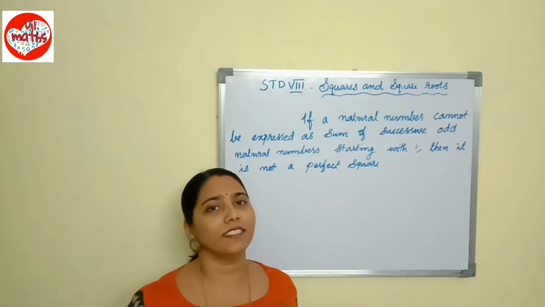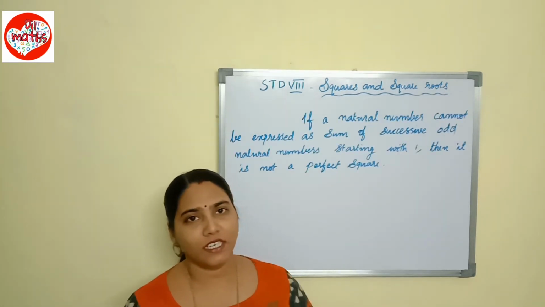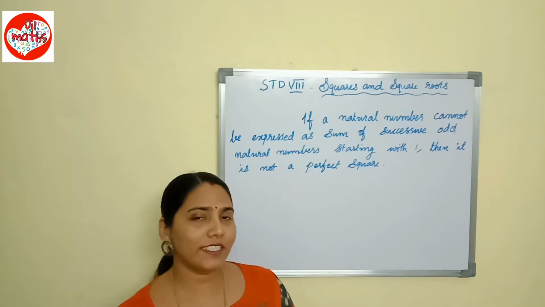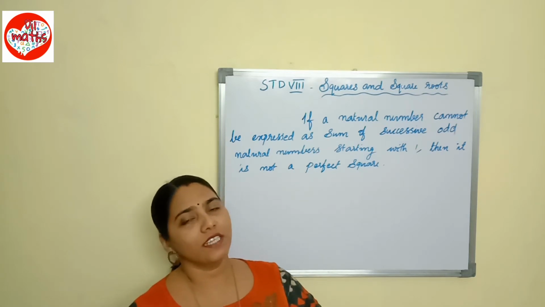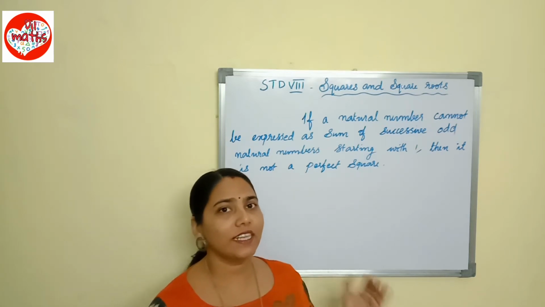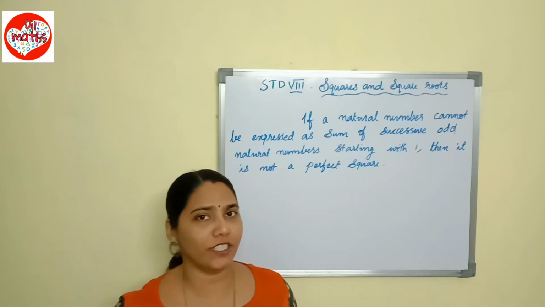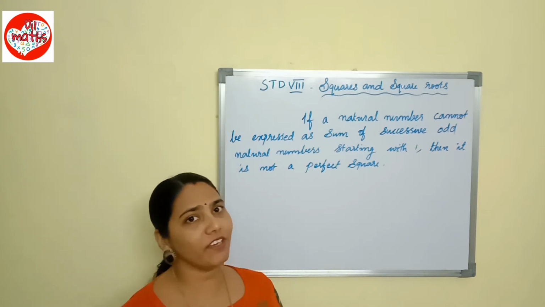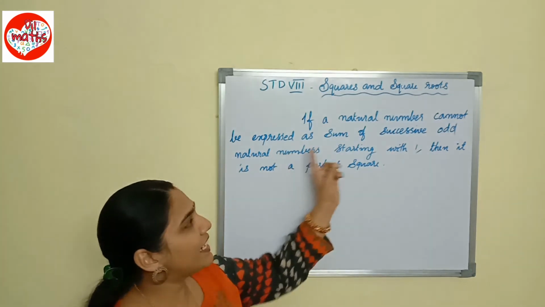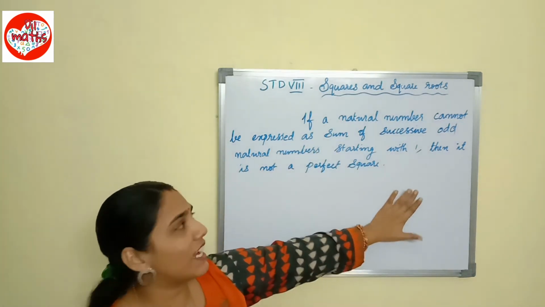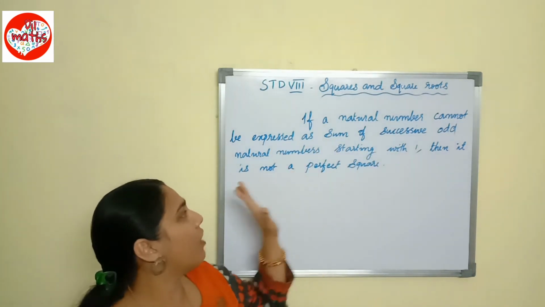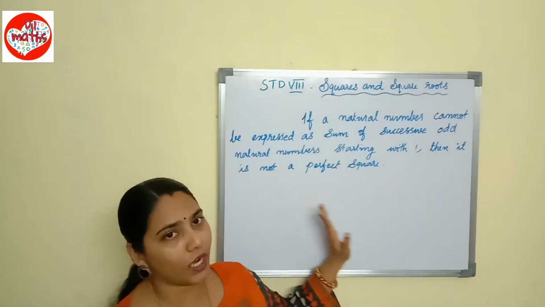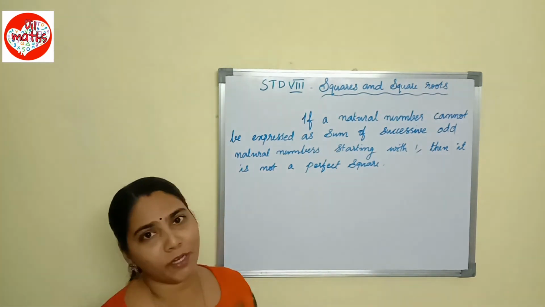Okay. In the previous statement, I told you that if you are adding first n odd numbers, then the sum will be n square. From that statement, we can conclude that if a natural number cannot be expressed as sum of successive odd natural numbers starting with 1, then it is not a perfect square.